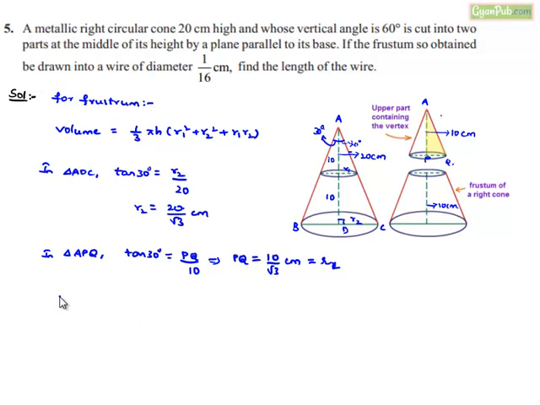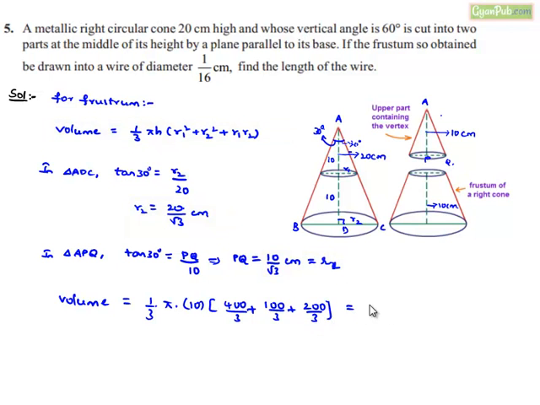So it is easy to find the volume. Therefore volume is equal to 1/3 of pi, let it be as it is, and h is here the distance between two circular portions, that is 10 centimeter, and r1 square is 20 by root 3 whole square, that is 400 by 3, plus r2 square is 10 by root 3 whole square, that is 100 by 3, plus r1 r2 is 20 by root 3 into 10 by root 3, that is 200 by 3.